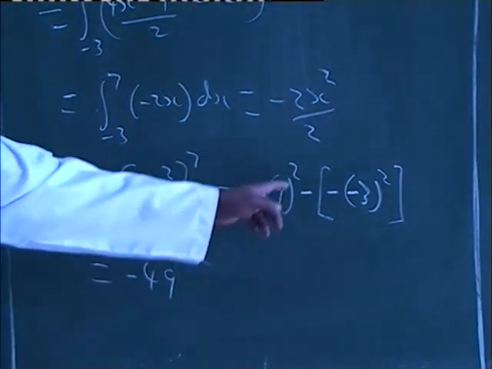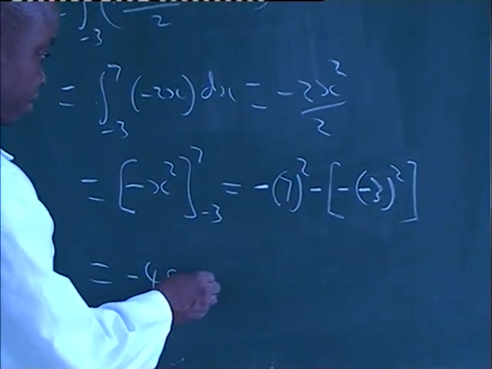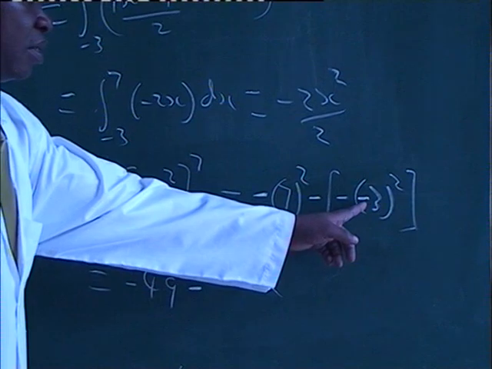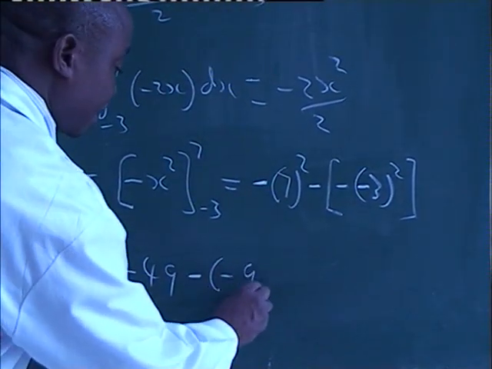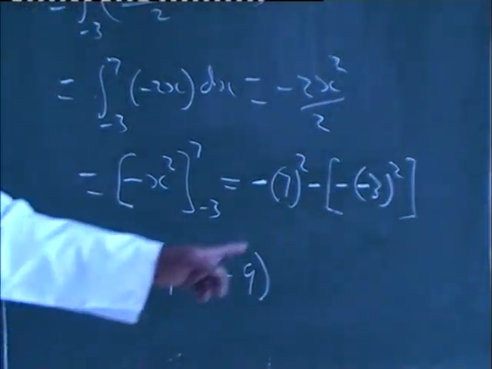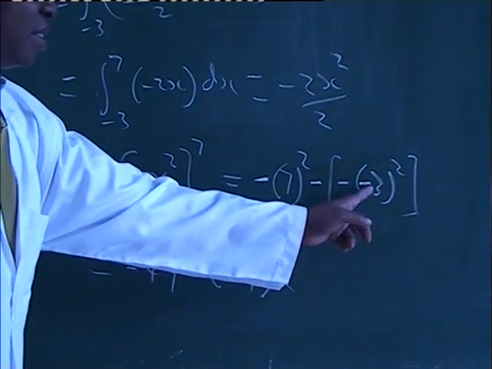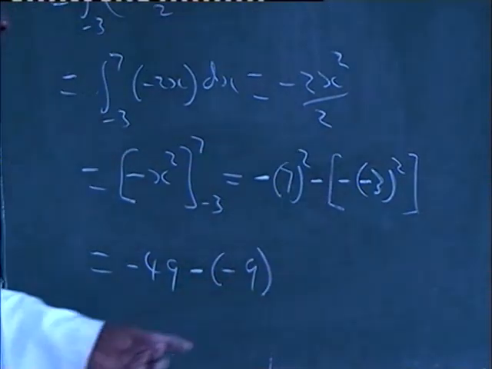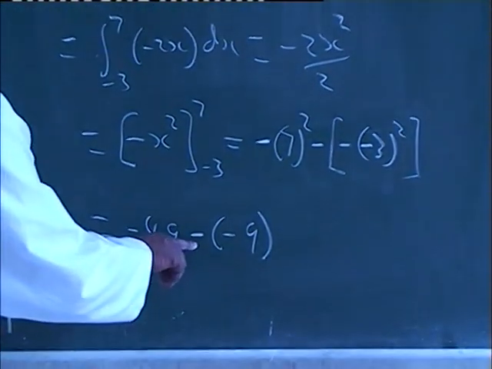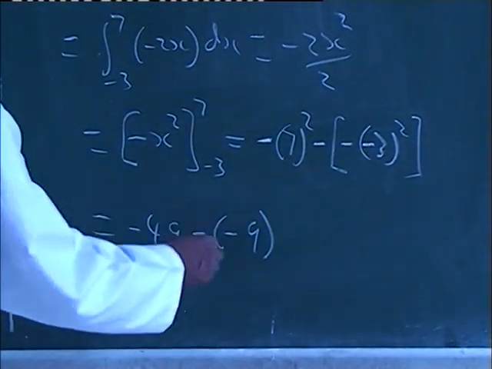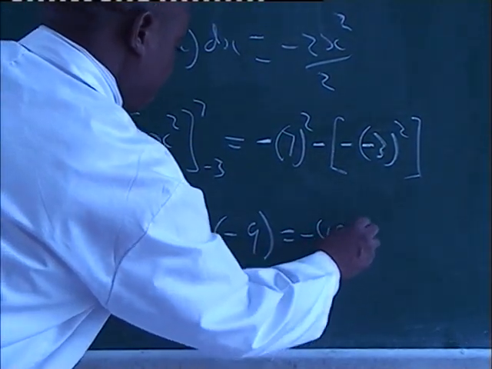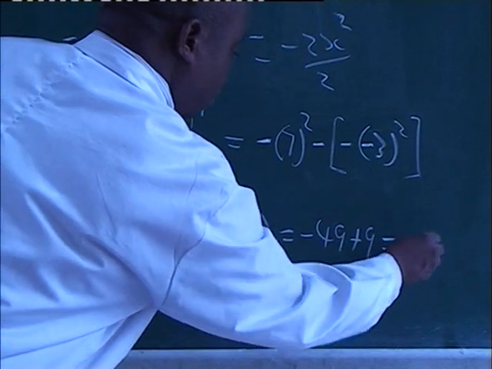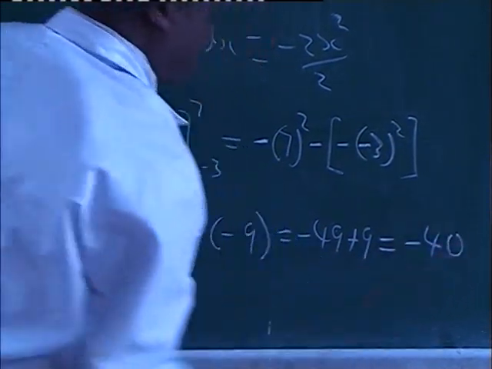You know, 7 squared is 49. Minus, now look at this, we have minus 9. Yes, because this is 9, so this is minus 9. If we multiply, it will be equal to minus 49 plus 9, which is equal to minus 40.